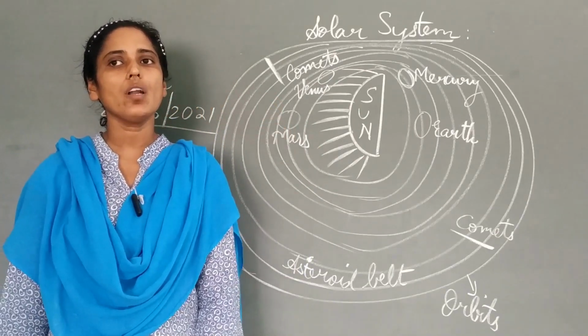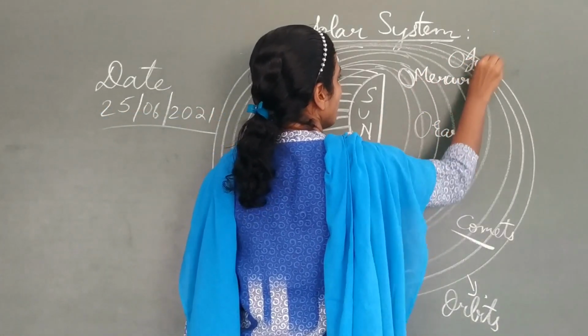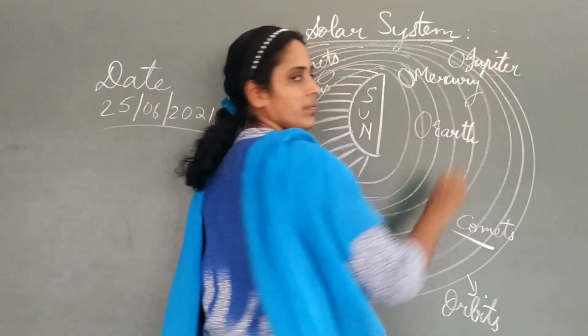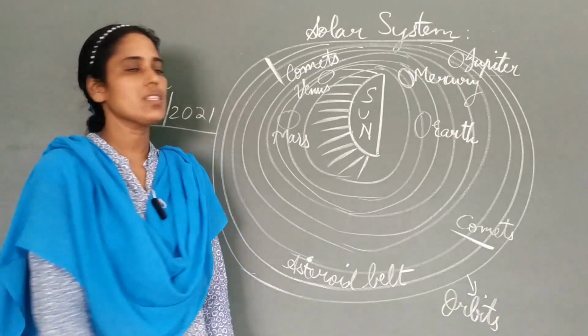Then you have your Jupiter. Then the next one is Saturn. Draw Saturn here.